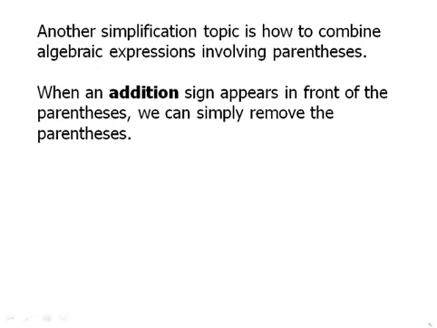Another simplification topic is how to combine algebraic expressions involving parentheses. Parentheses are a big mathematical topic. When an addition sign appears in front of the parentheses, we can simply remove the parentheses. That's very easy.